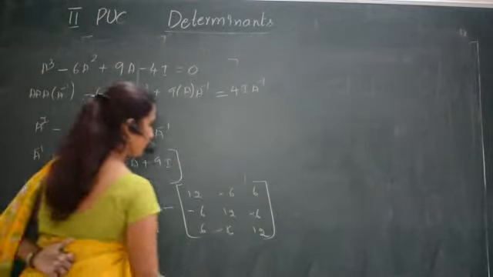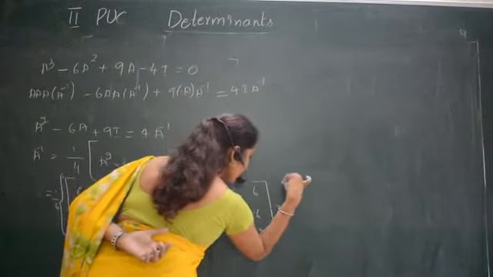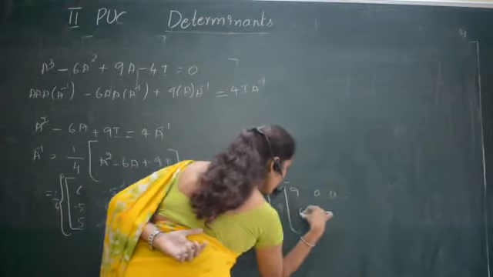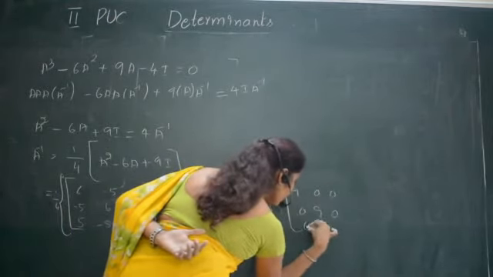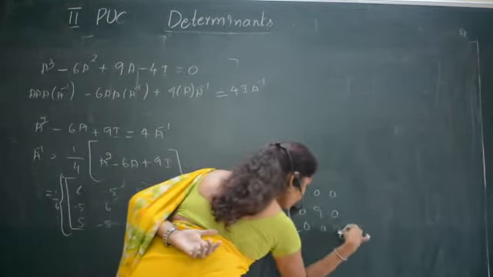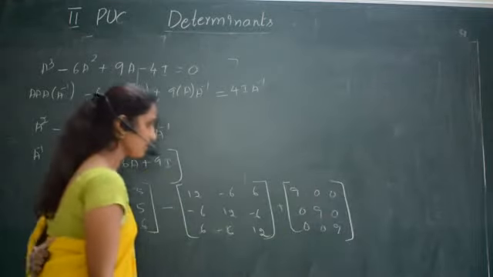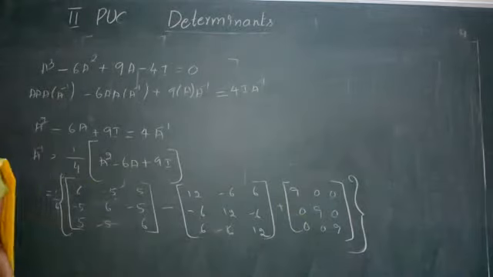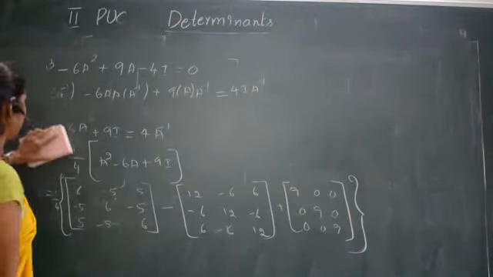Then plus 9I, that is 9, 0, 0, 0, 9, 0, 0, 0, 9. So this is a substitution. After that, what you have to do is simplify this.